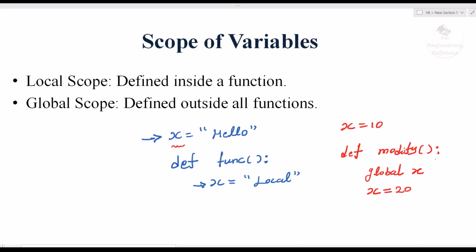This is how we can modify a global variable inside a function. This global keyword allows us to change the value of the global variable x. Here it is 10 and here it is 20.